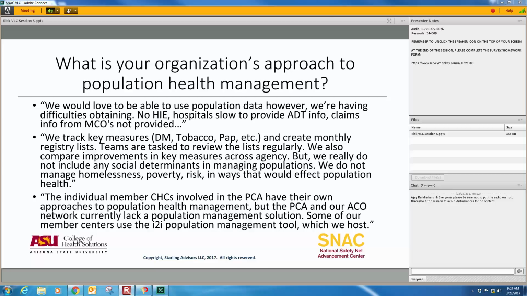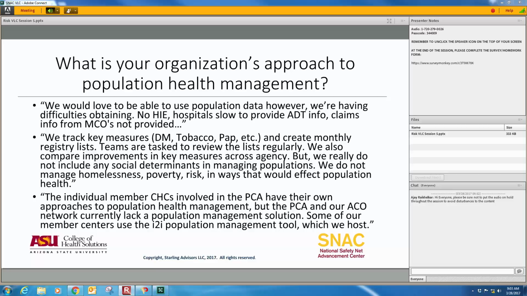And so having access to admit, discharge, and transfer data, having access to claims and utilization data, is just not something that is always possible.